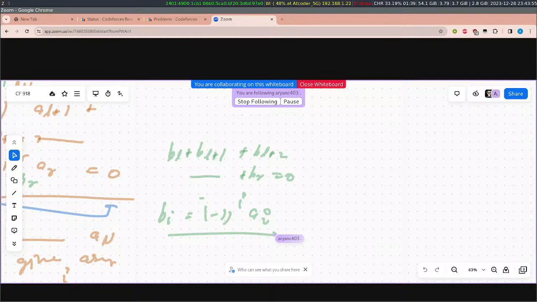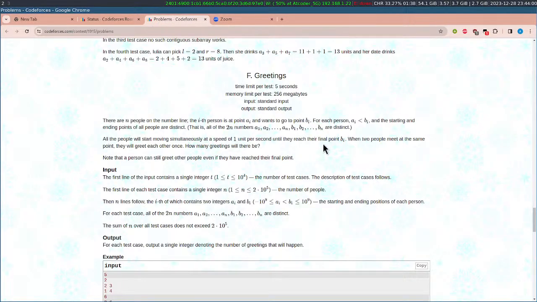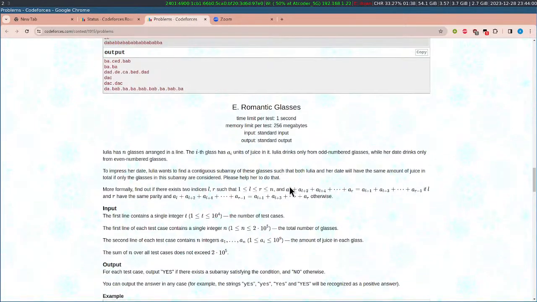I was trying to manipulate the given identities over here. When we are given this identity, if we move this part to the left hand side, and then we multiply the complete array by minus 1 to the power l, this would be the form we will get.